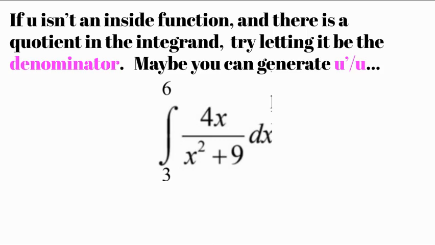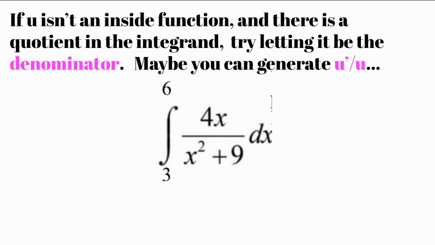For example, with this definite integral, if my u choice, and I have that quotient, is x squared plus 9, the derivative of it is 2x dx, which is living in the rest of the integrand as a multiple. So this would be set up to go all to the 1 over u du.